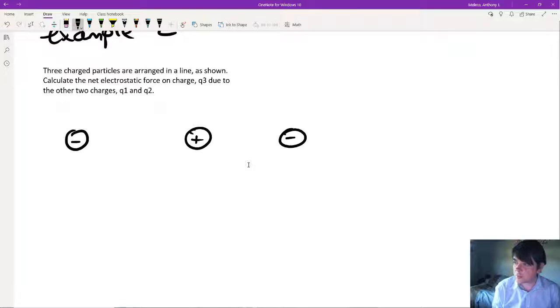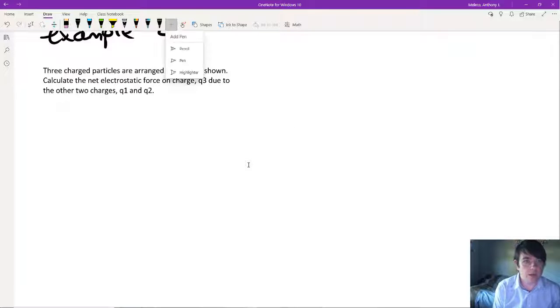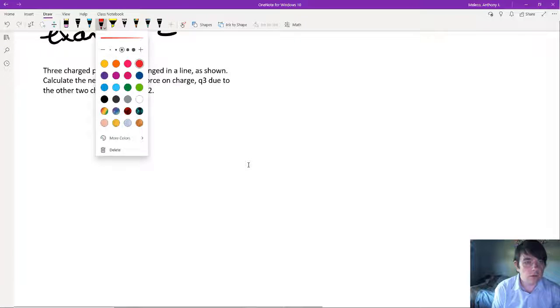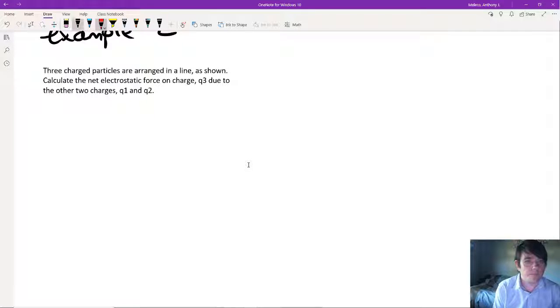I think what I'm going to do is start adding some colors here to make this a little easier. Okay. So I'm going to make the negative blue and then the positive red.